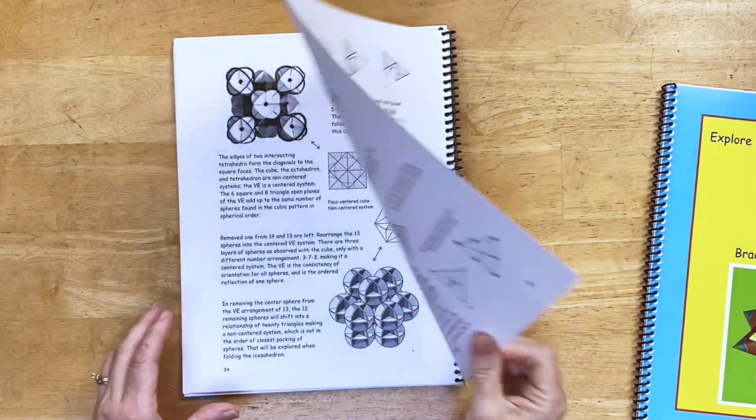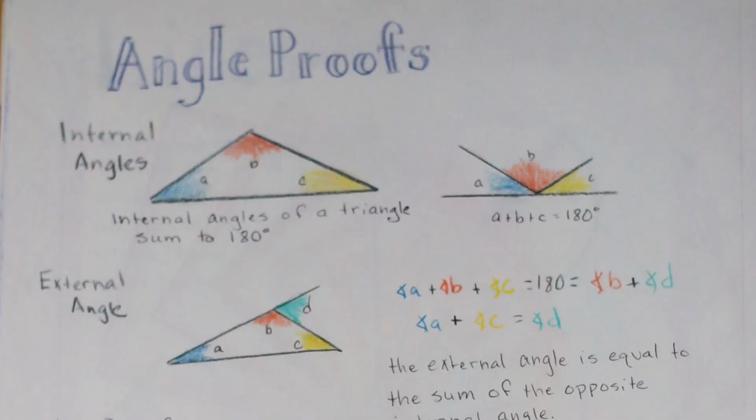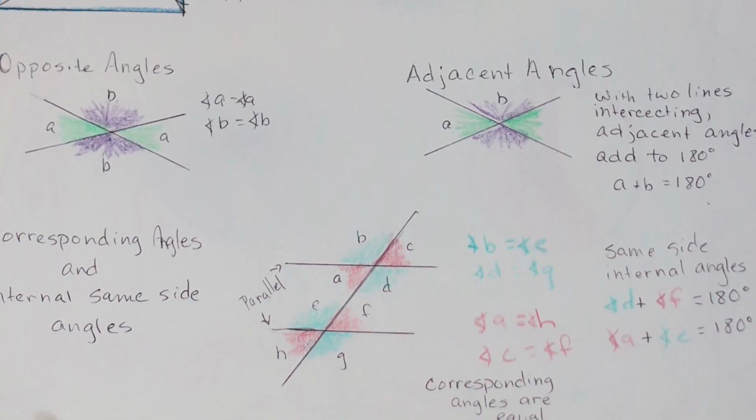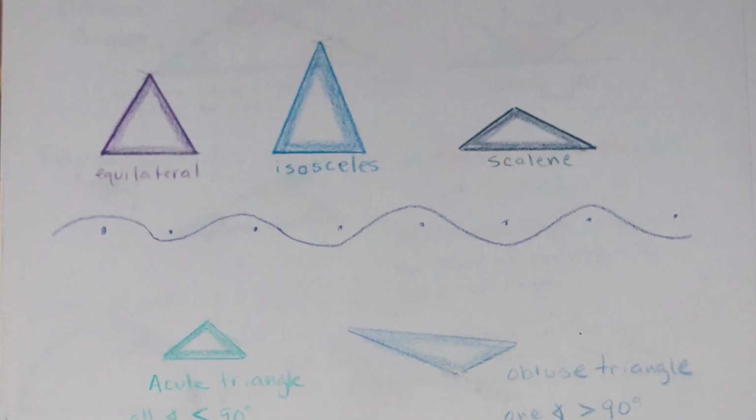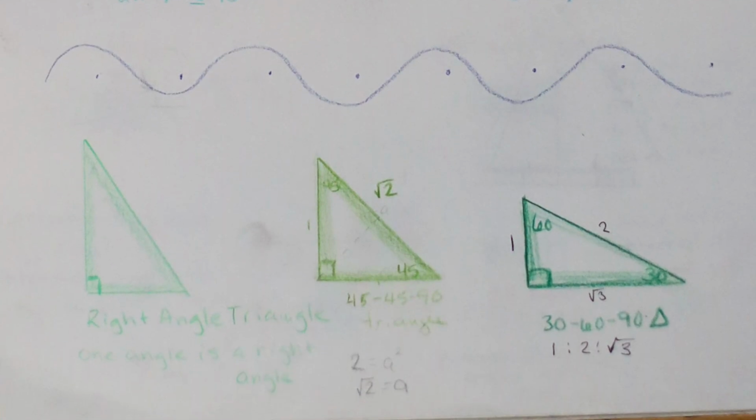Our equilateral triangle also brought us straight into our work with special triangles and angles. It was reviewed from last year and the year before, and then finally we made our tetrahedrons. We made loads of tetrahedrons.